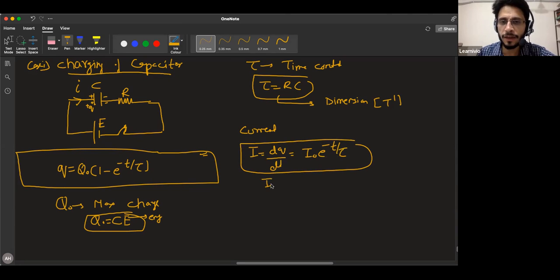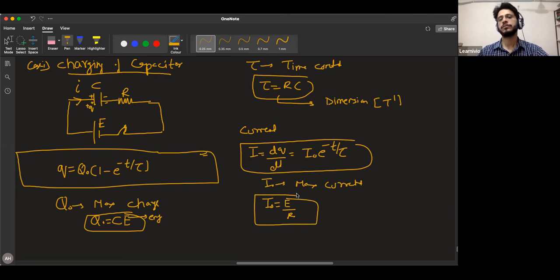Here I naught is the maximum current, and the maximum current is nothing but the EMF divided by the resistance.